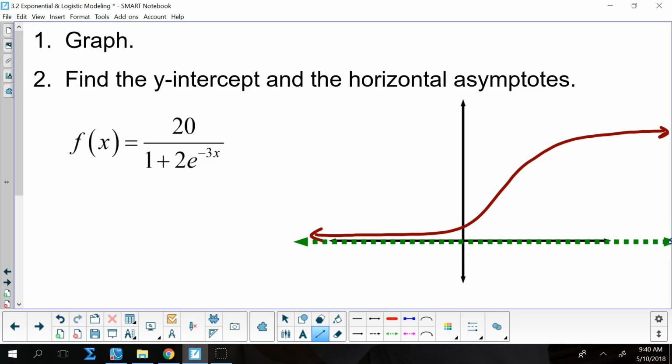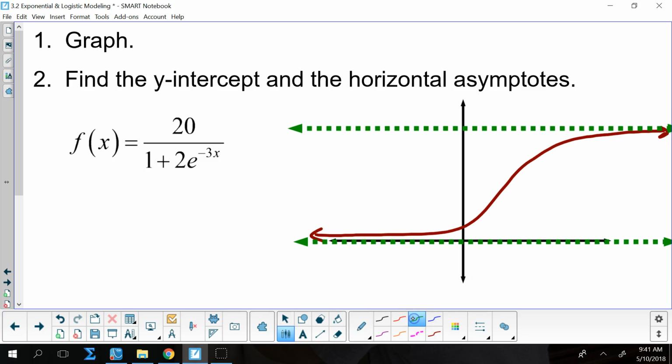There's my lower bound. There's my upper bound. Now I just got to figure out what they are. Lower: 0. Upper: 20. Then I just have to figure out my y-intercept.